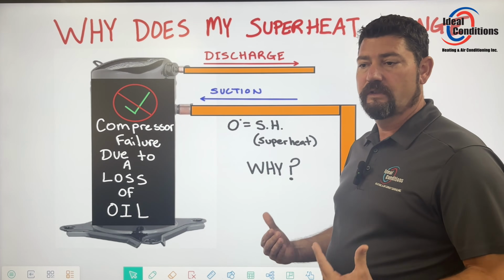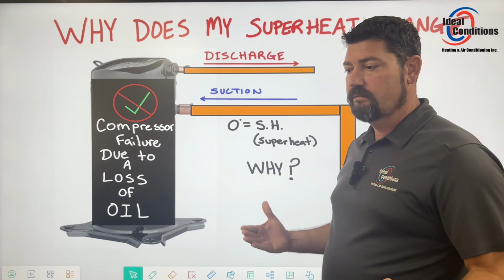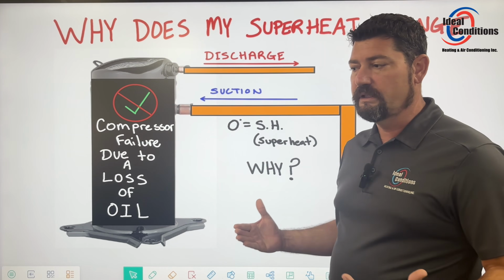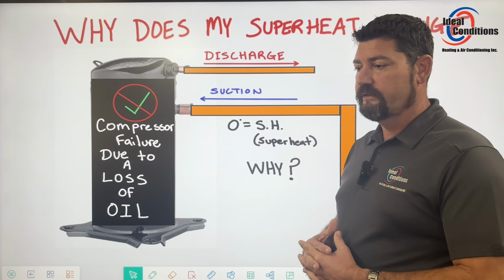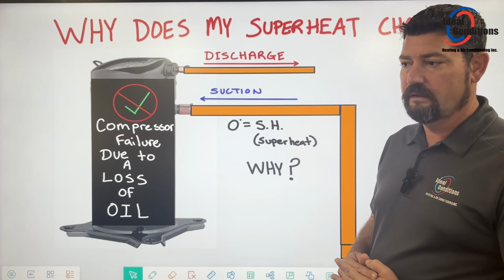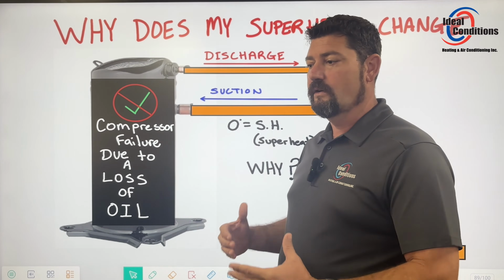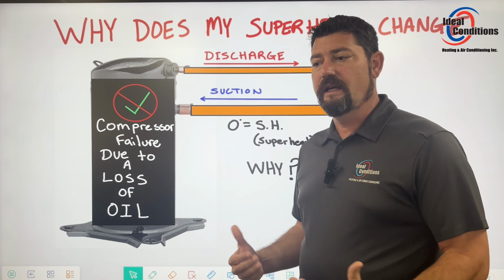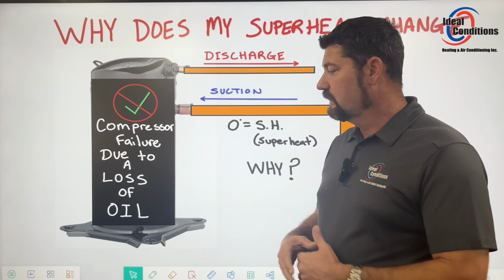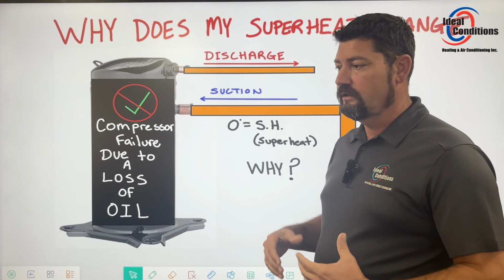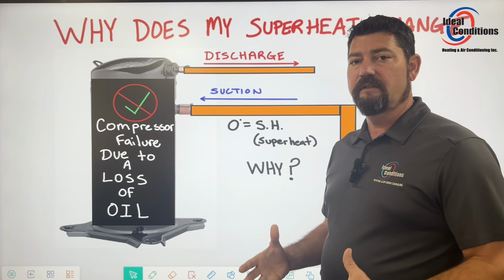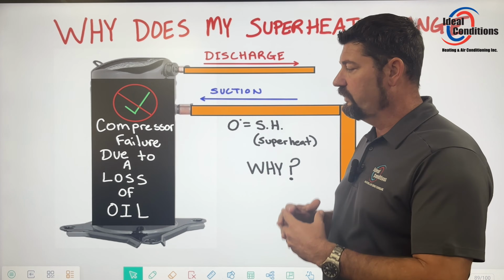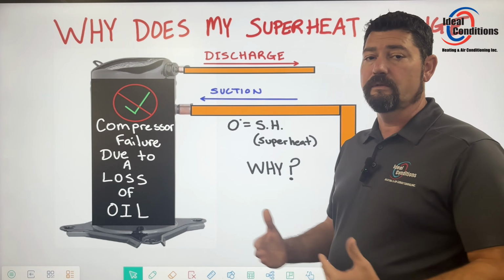You could be knocking off an entire floor of a building. You can be putting delicate equipment out, like MRIs and stuff like that, that put out a lot of heat and have to have chilled water going to it. You can take a lot of things down simply by not having oil in a compressor.